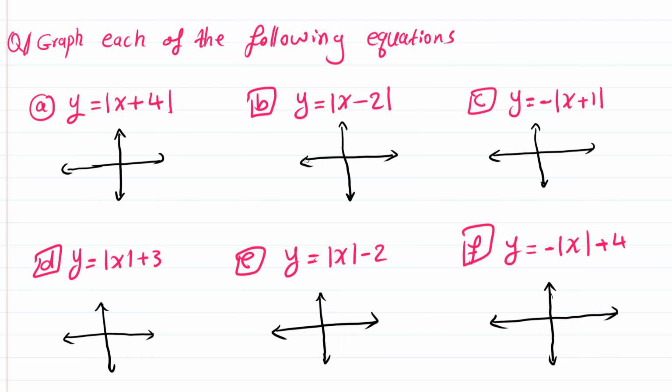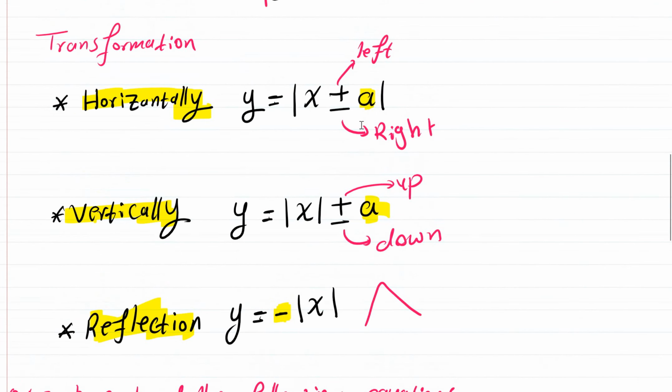Let's take some examples. Students, check these graphs here. As you can see, first one, we have x plus 4 inside the absolute value. Let's check the note one more time. I told you, when it's inside, positive go left, negative go right, and it's going to be the letter V. How about outside? When the number is outside, positive go up, negative go down.